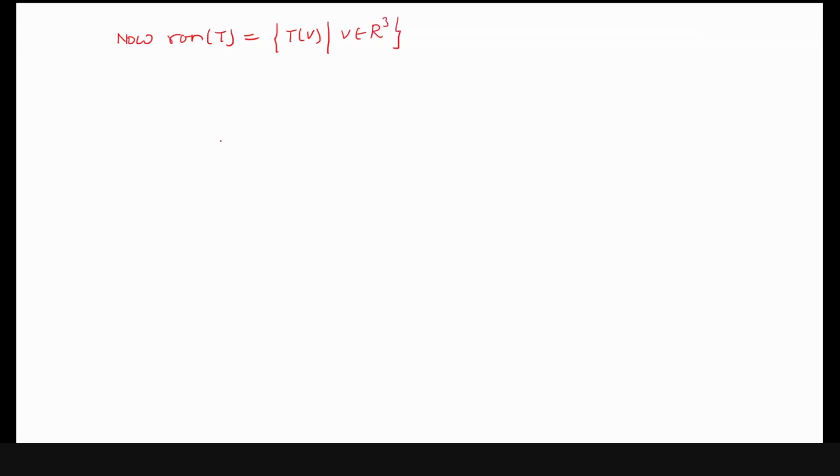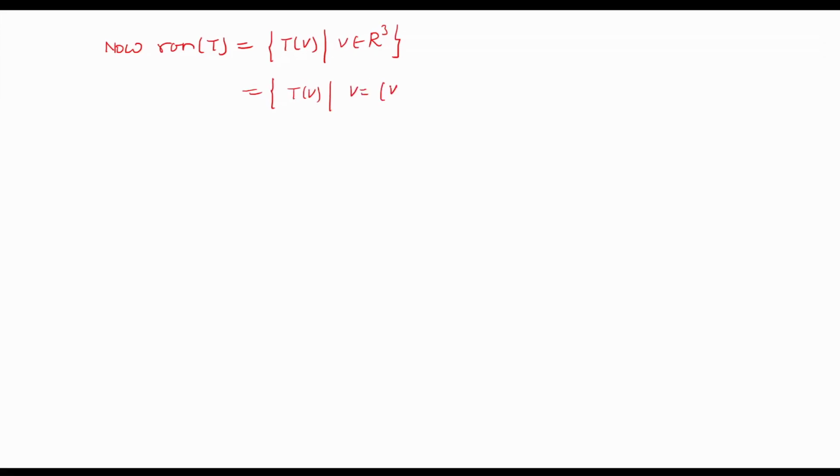So this is equal to T of V, where V is (V1, V2, V3) transpose, which belongs to R cube. Now T of V is A of V, for all V1, V2, V3 belonging to R cube.